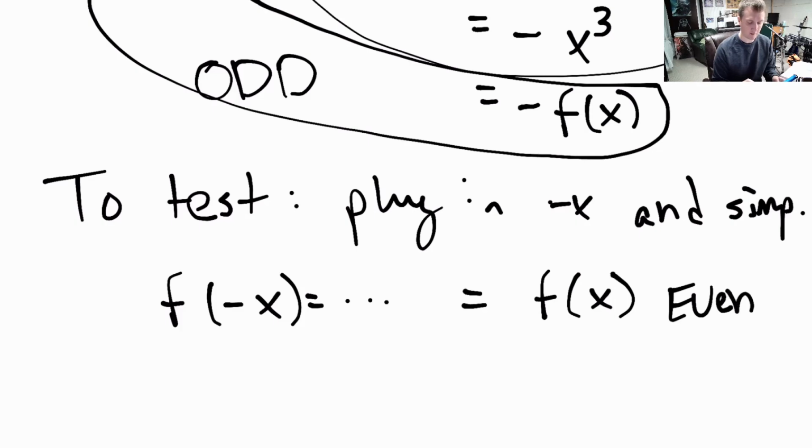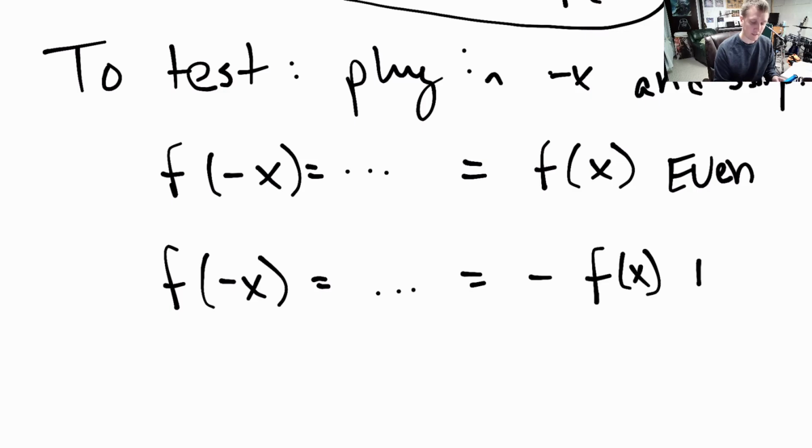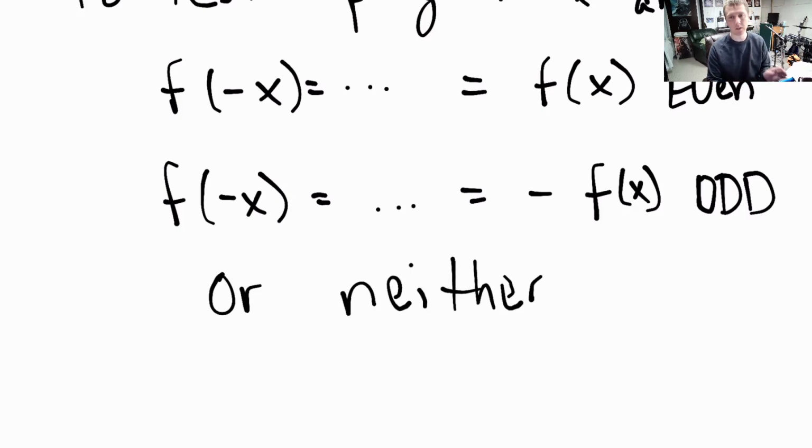If you plug in negative x and, after simplifying, you get the opposite of your original function, it's odd. It's very possible that you don't get either. So in that case, it's neither odd nor even, which is entirely possible. There are lots of functions which are neither odd nor even.